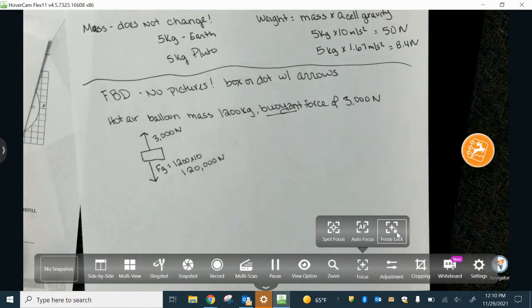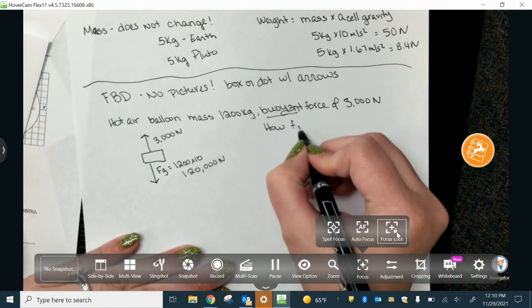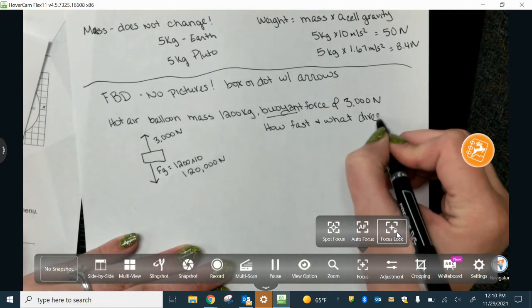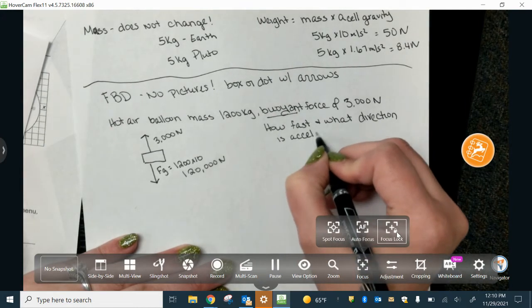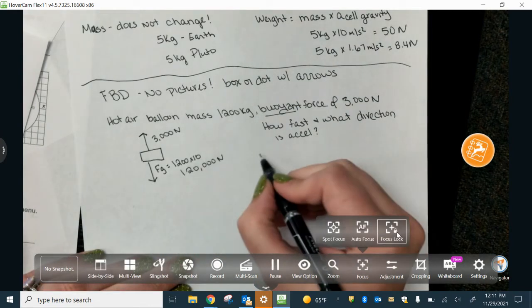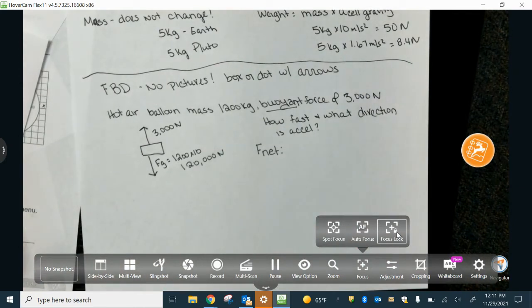Okay, now what if I asked you how fast this balloon was accelerating and in what direction? How fast really isn't the right term. I should have said what magnitude, what number, but here we are. So to do that, I'm going to look at my F net. My F net is going to be the sum of all my forces.